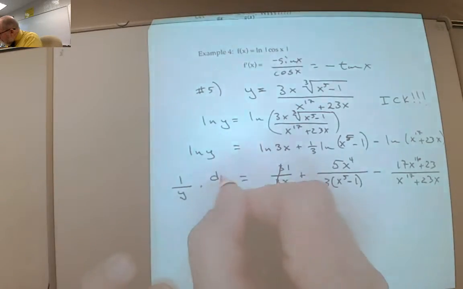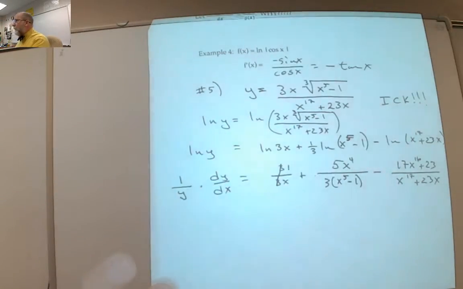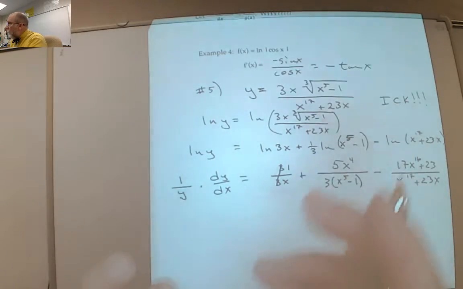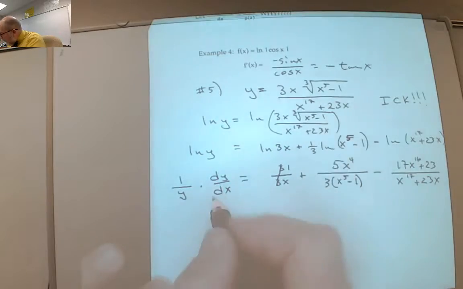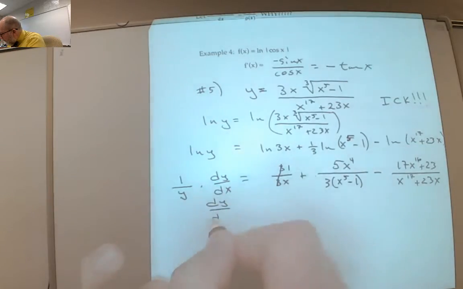I'm going to use dy over dx instead. So every time you take the derivative of y, that's called implicit differentiation, if you recall, you have to put dy dx. Remember, we're trying to figure out what dy dx is, correct? So now I got dy dx all by itself.